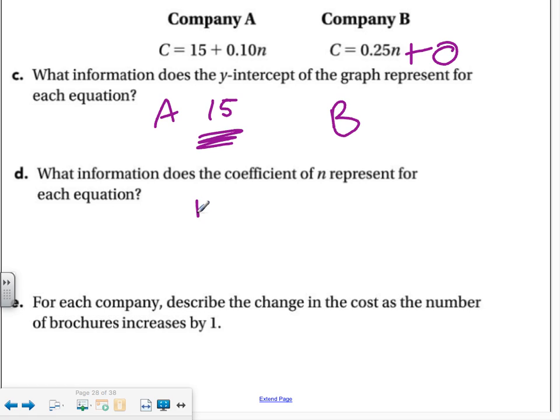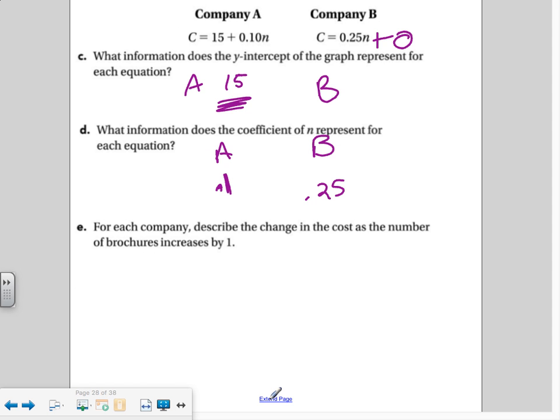All right, so what information does the coefficient of n represent in each equation? For company A, the coefficient is 0.1, and that tells us that each brochure costs 10 cents to print. Company B, the coefficient is 0.25, so that tells us that it costs 25 cents to print each brochure. Okay, so finally, for each company, describe the change in the cost as the number of brochures increases by 1.